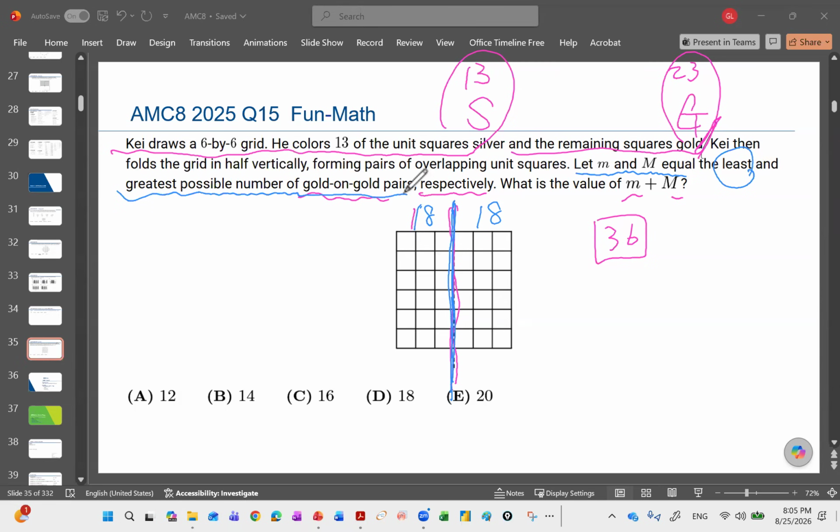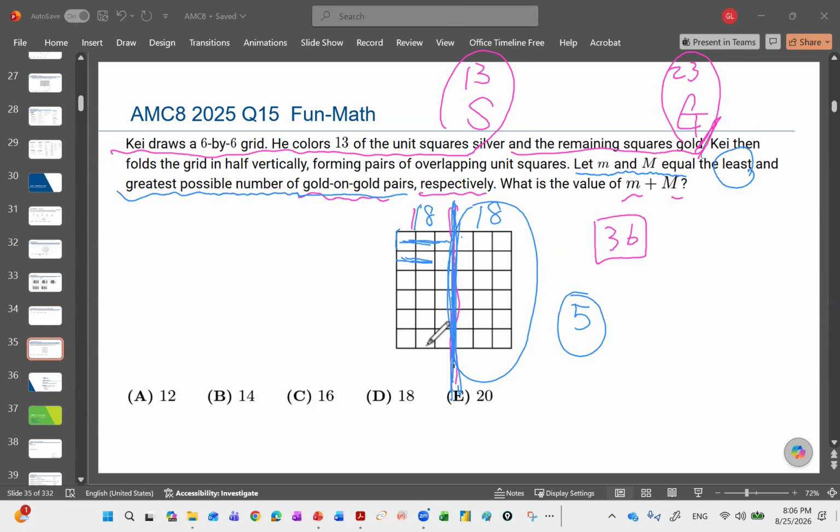Okay, gold-on-gold. You have 23 gold. If I color all 18 on this side gold, how many are left for the other side? These are 5 here, right? 1, 2, 3, 4, 5. So if I color this side all 18 gold, the remaining 5 gold go on the other side, and you can flip over only these 5 to match.